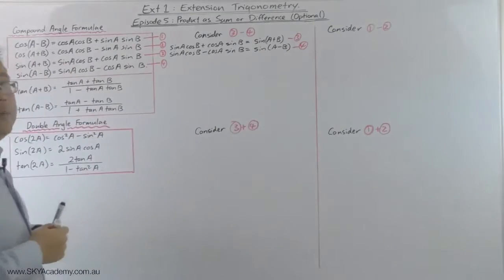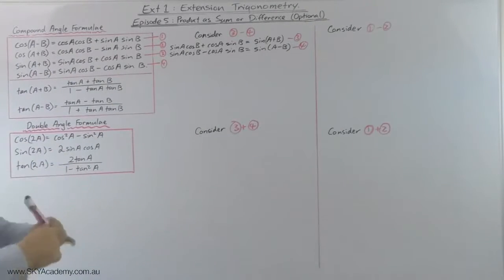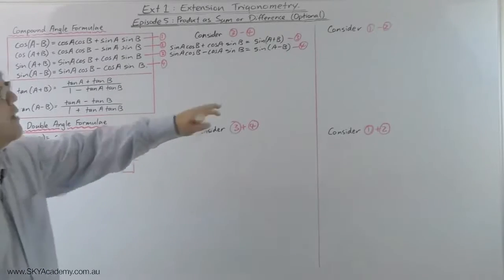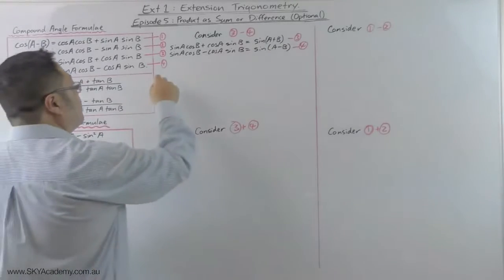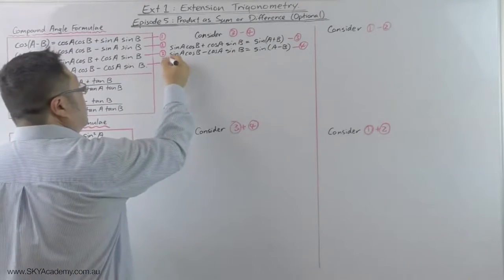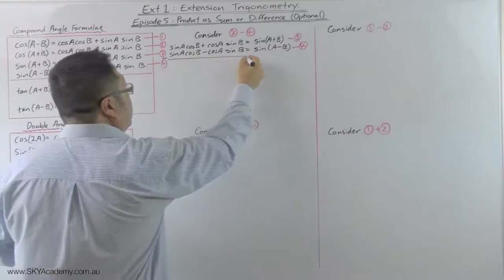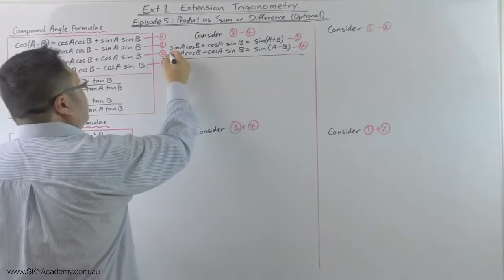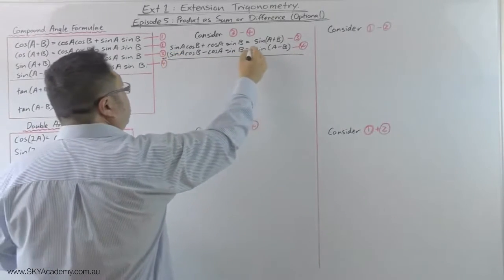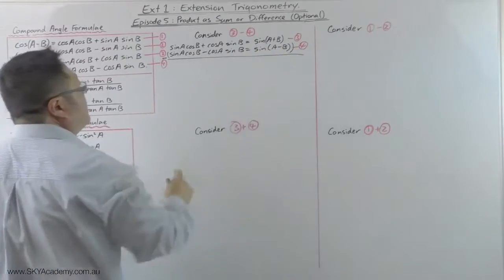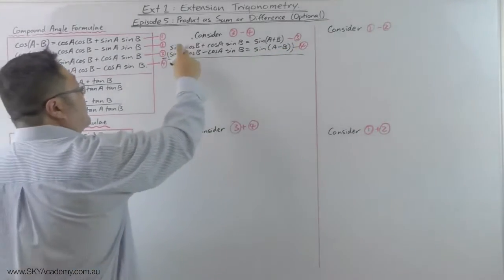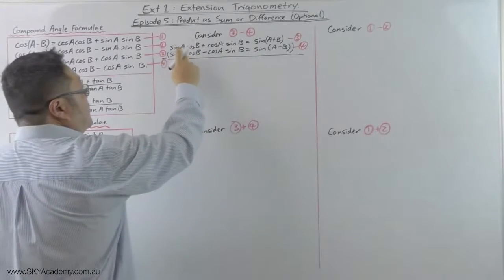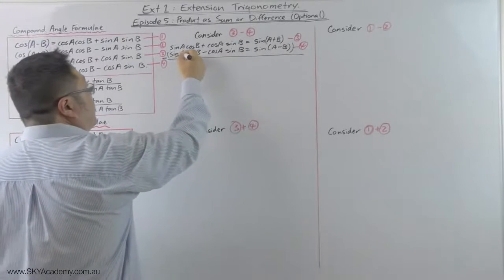So we're going to take away formula 4 from formula 3, so we're going to minus all of that, and that minus applies to everything inside formula 4. Sine A cosine B minus sine A cosine B becomes a big fat 0.